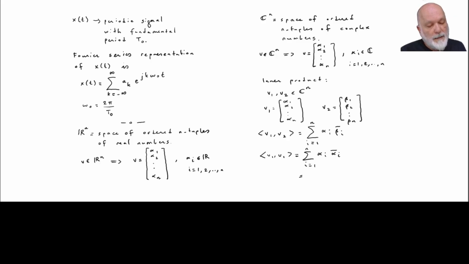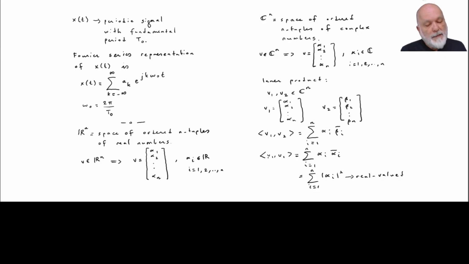But alpha i times alpha i conjugate is equal to alpha i modulus squared, which means that the inner product of a vector with itself in Cn is real valued. But in general, for two different vectors, the inner product is complex valued.